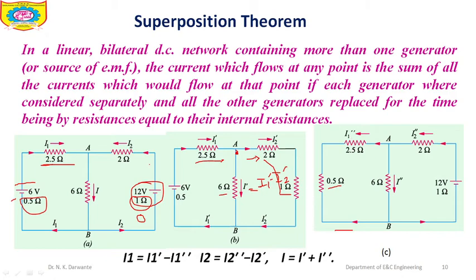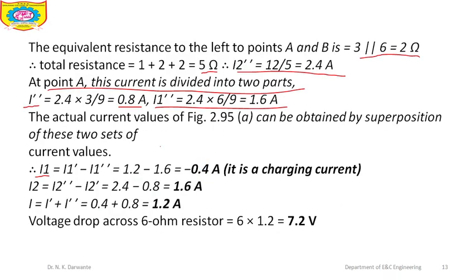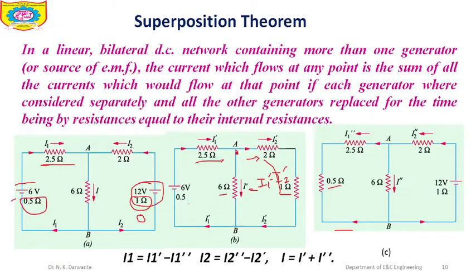So I1 is equal to I1 dash minus I1 double dash, and it comes out to be minus 0.4 ampere. Again, minus 0.4 means the direction we assumed earlier for I1 is incorrect, and we have to use the opposite direction. We assumed I1 flows in this way, but actually I1 is flowing like this.